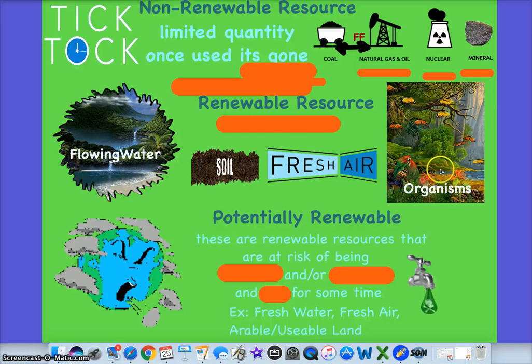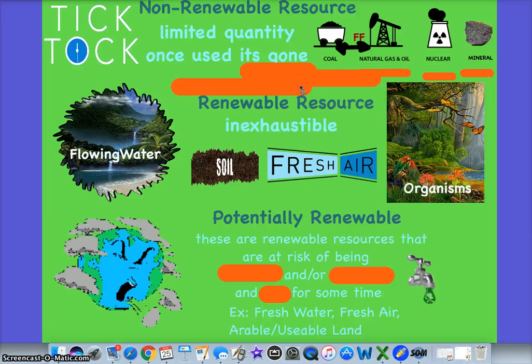What's a renewable resource? Something you can make? Not necessarily. It can be reused. It cycles naturally and it's considered inexhaustible. So I'm going to say things like flowing water, soil, fresh air, and organisms are considered renewable resources.